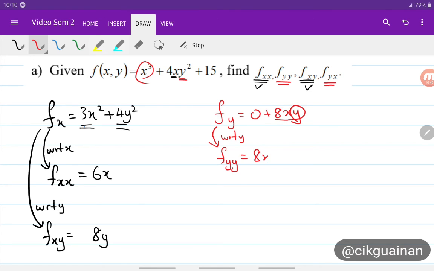Then f sub yx means we differentiate f sub y with respect to x. This one is 0, nothing. Then we differentiate 8xy with respect to x. So x is the variable, and 8 and y are constants. x becomes 1. 1 multiplied by 8y is 8y itself.